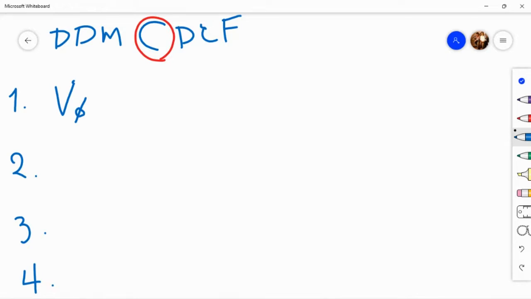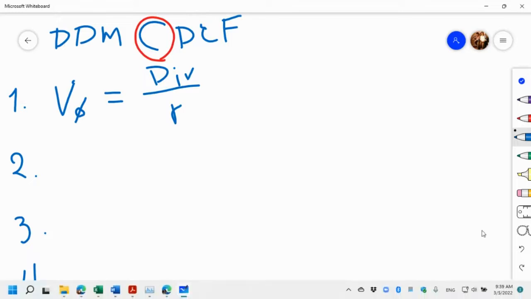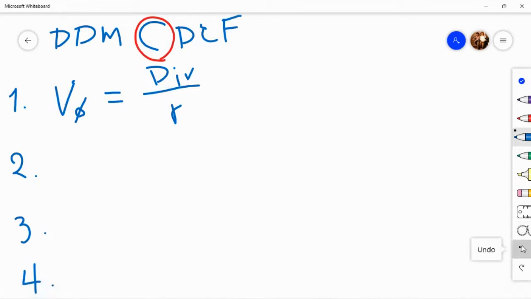Value at time zero is dividend over R, with R being the discount rate. Discount rate in this case is the required return.